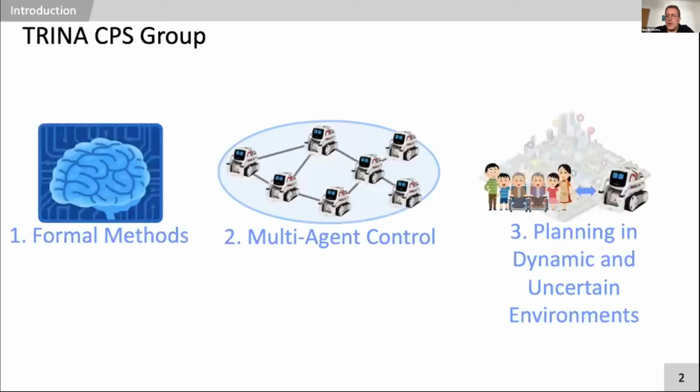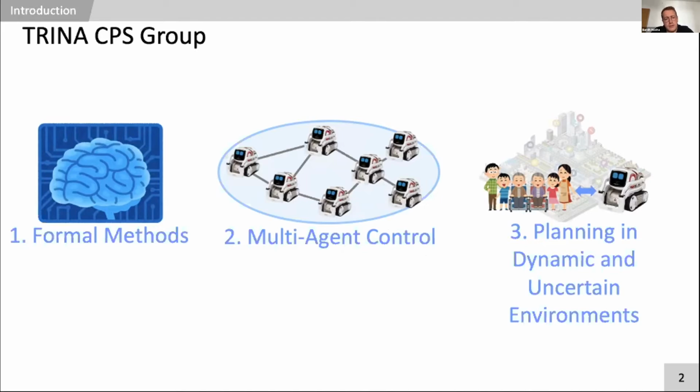Okay, so the Toyota CPS group has three main areas of research. It includes formal methods. This is where most of the research activities are.